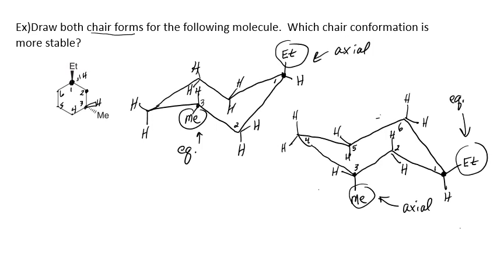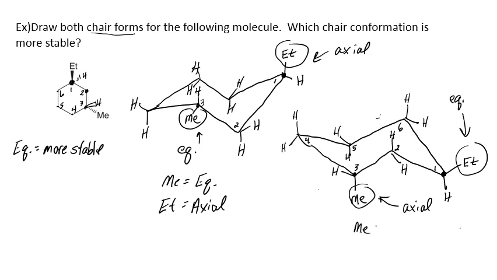So let's compare the stabilities. Remember, equatorial is more stable. In my first chair, I've got a methyl that's equatorial and an ethyl that's axial. And in my second flipped chair, I have my methyl axial and my ethyl equatorial.